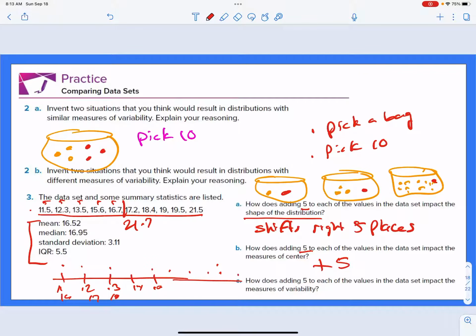So it's going to move 5. How does it impact the measure of variability? It really doesn't have any impact because it's going to be consistent. Because I'm doing the same thing to all the values, the measure of variability really isn't going to change at all. So that's what we would say for that one.